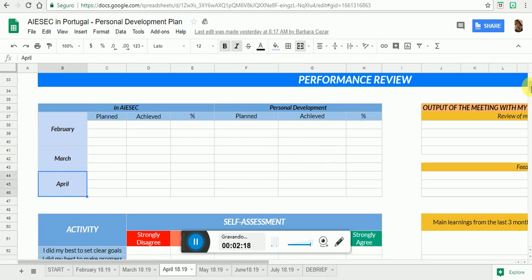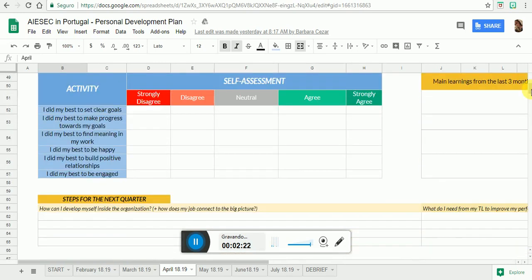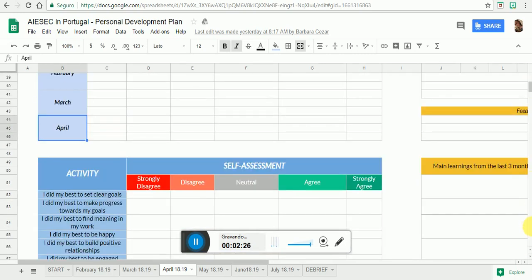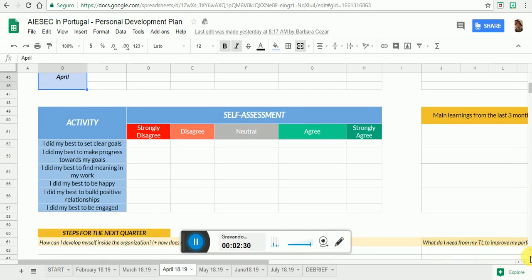And we also have the self-assessment part, some parts about the engagement and also how they evaluate themselves. So if they did their best, they will put if they agree or disagree.